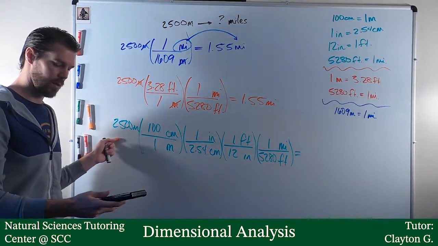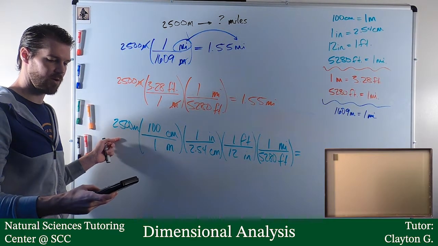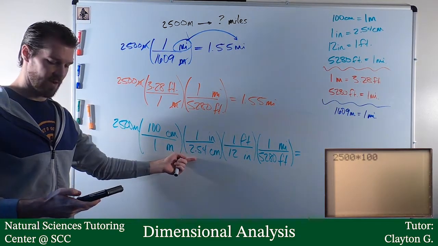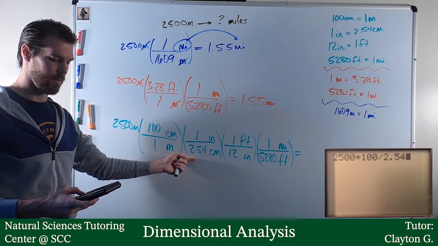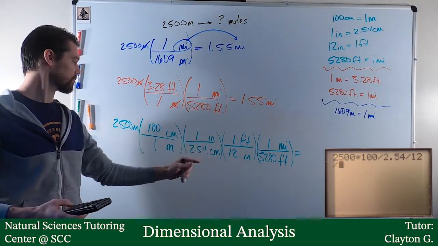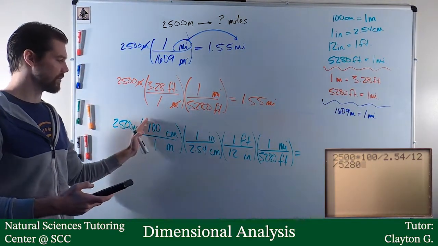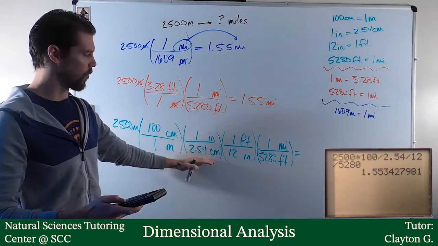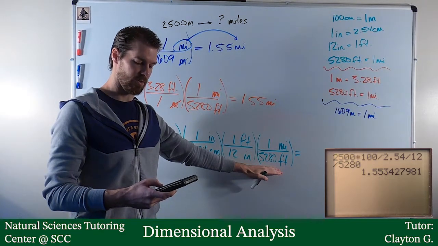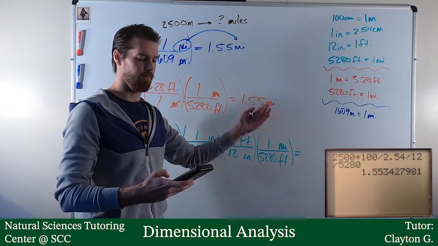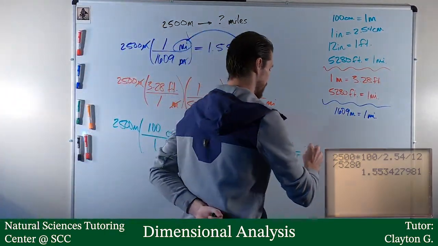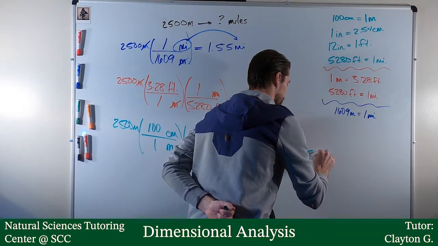So I'm going to take my calculator again, 2,500 times 100 divided by 2.54, and I'm ignoring the ones again, and I like to go just straight across. So I said 2,500 times 100 divided by 2.54 divided by 12 divided by 5,280, and once again 1.55 miles, as expected.